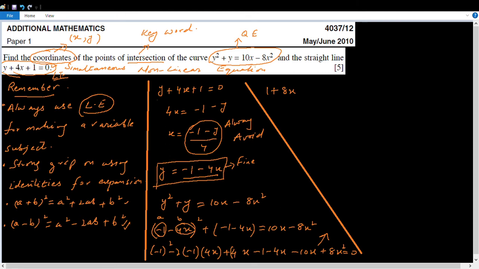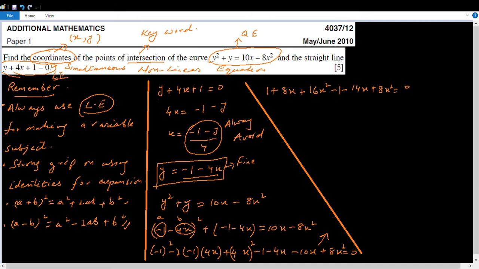Basically I missed it, I write it again, 4x square. So it will become plus 16x square, and minus 4x and minus 10x is minus 14x, and plus 8x square is equal to 0.